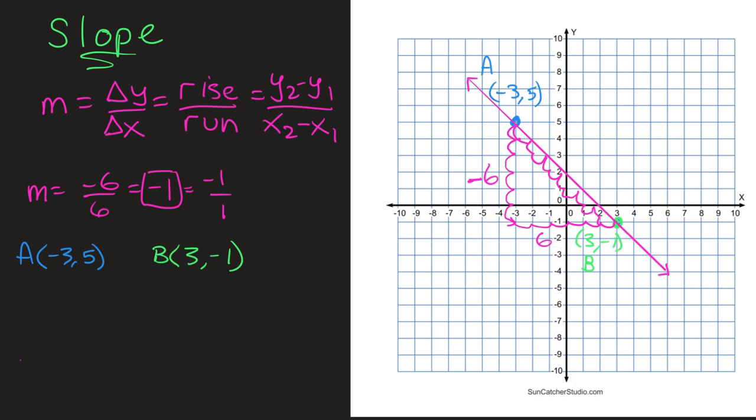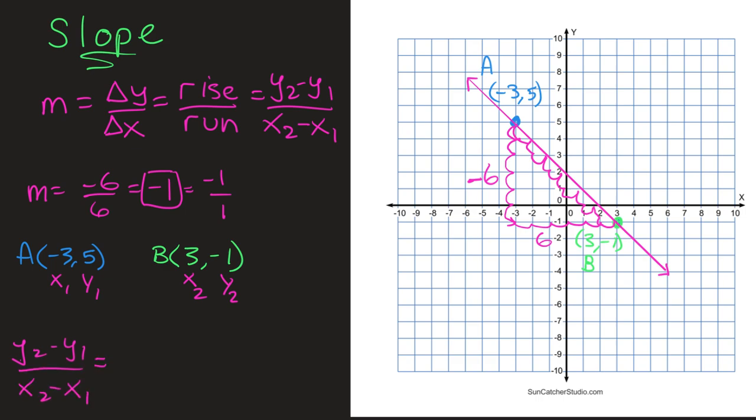And so then, if we say that this is the x and the y and the x and the y, and this is point 1 and this is point 2, then we would use our formula: y sub 2 minus y sub 1 over x sub 2 minus x sub 1.